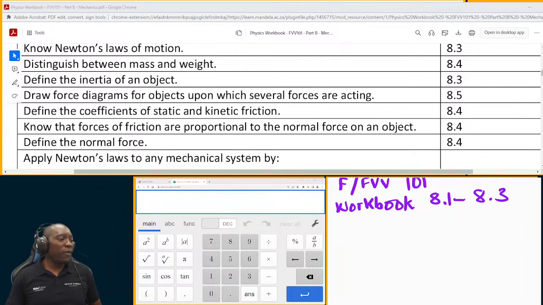So the first part of the workbook, let me just scroll through it. We see a part which says distinguish between mass and weight, which is a very important distinction. From the definitions, mass is the amount of matter an object has, and weight is the force of gravity that acts on mass.